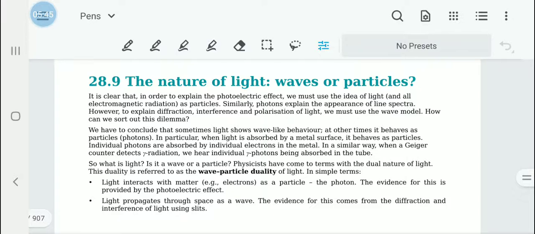That is, light interacts with matter like electrons as particles, the photon. The photoelectric effect is the evidence for it. You need to remember what evidence there is for these different situations. Then light propagates through space as a wave, and the evidence for this is diffraction and interference of light using slits.